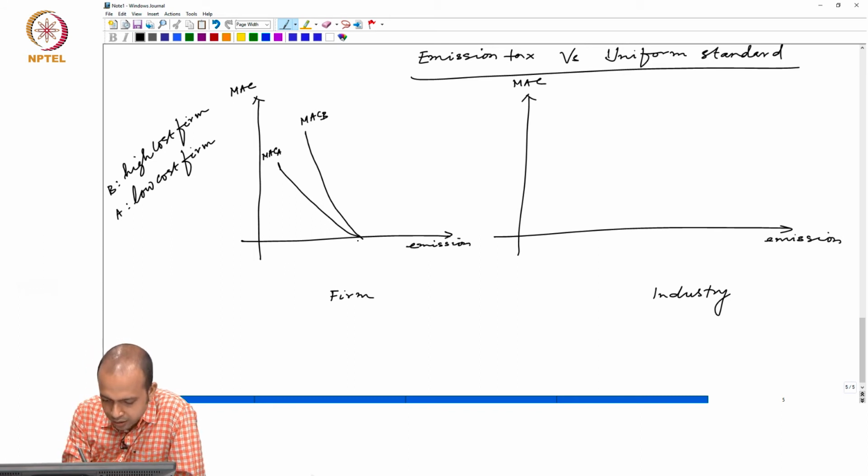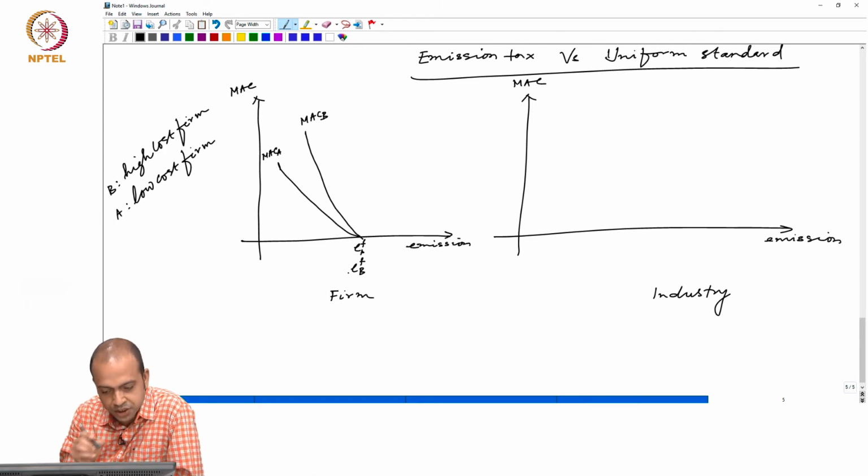And both these MACs, so that means they both are generating EFA and EFB.